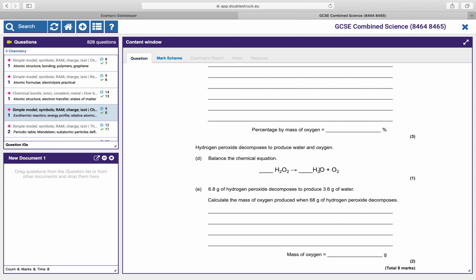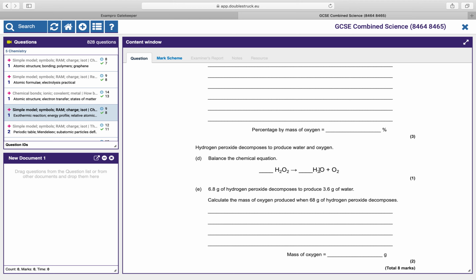No, because it says mass of oxygen produced. No, that's cool. I reckon I could do that in my head. I'm gonna hazard a guess at this, only because I want to try and challenge myself.